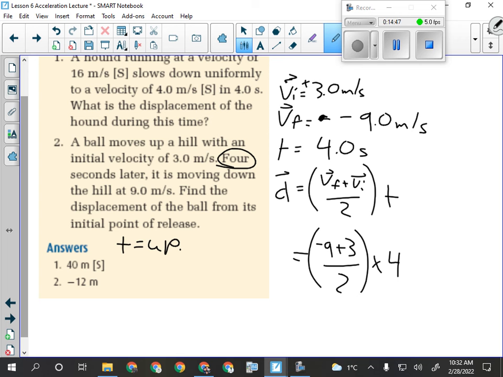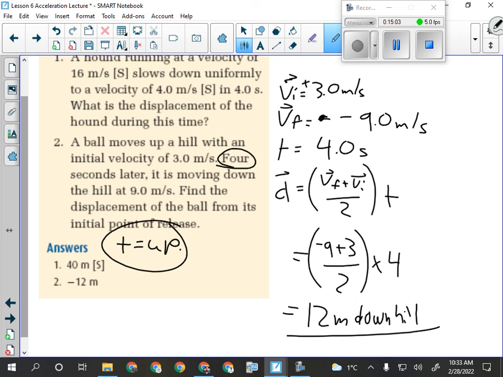Negative 9 plus 3 is negative 6. Negative 6 divided by 2 is negative 3, times 4, 12 meters downhill, because it mathematically comes out to negative 12, and I wrote positive equals up.